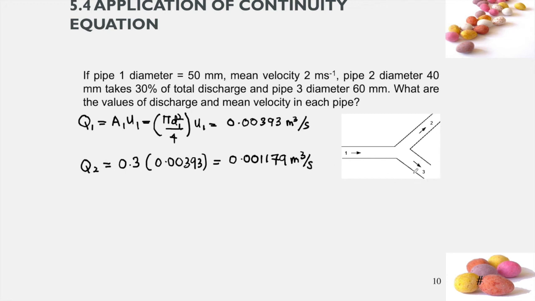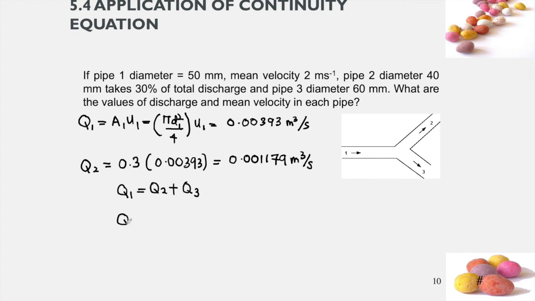Now we have flow rate 1 and flow rate 2. What about flow rate 3? We know that from the continuity equation, Q1 equals Q2 plus Q3. So from here, we can find the discharge at 3.